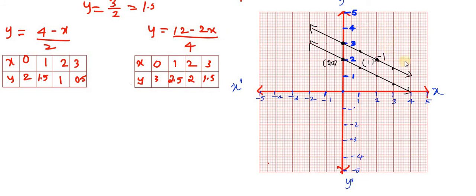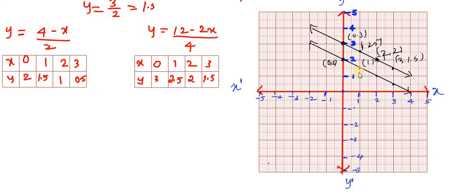Okay, and also you can locate these points here. So here 0 comma 3, and here 1 comma 2.5, and here 2 comma 2, and 3 comma 1.5.